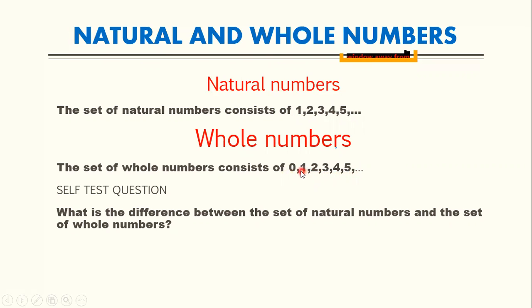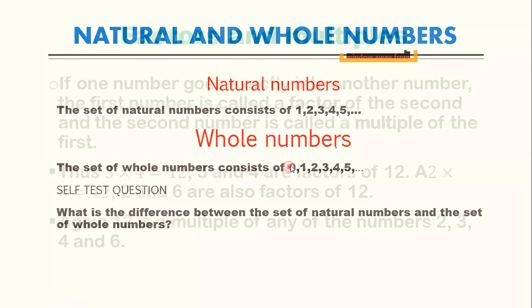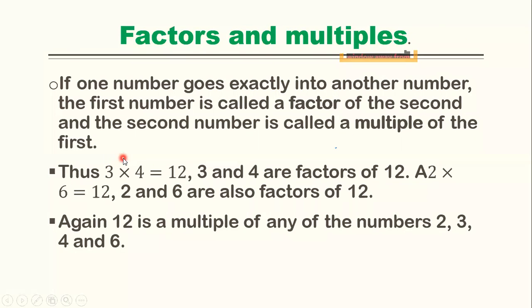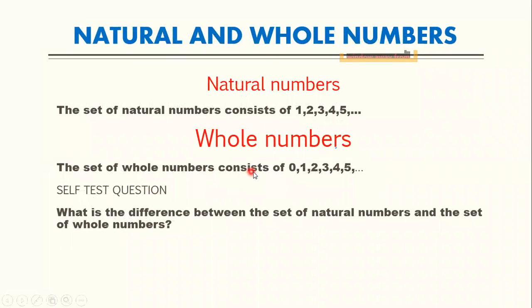So the difference between whole numbers and natural numbers is that whole numbers start from 0, whereas the natural numbers start from 1. Meaning that all natural numbers are a subset of whole numbers. So you can test yourself with this question and see where the difference lies.